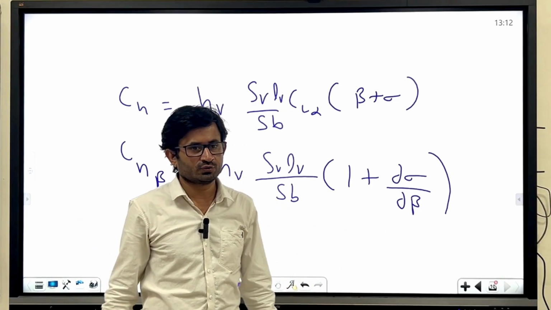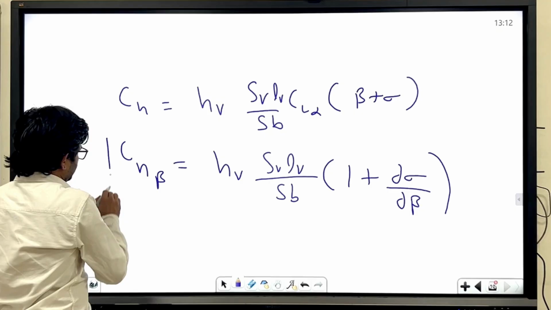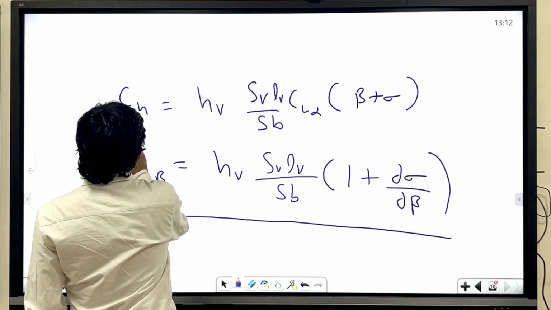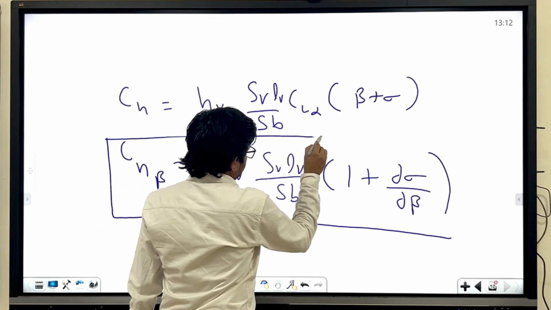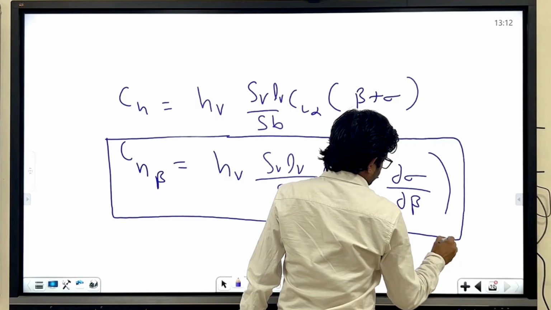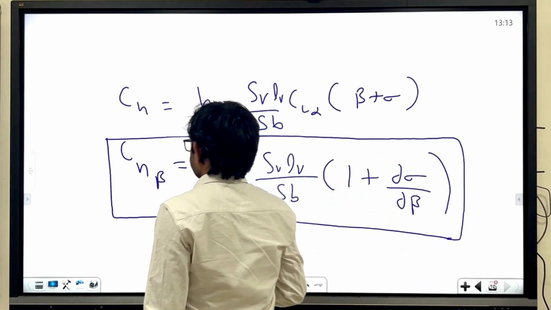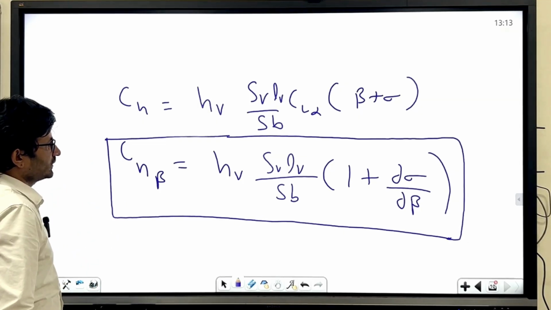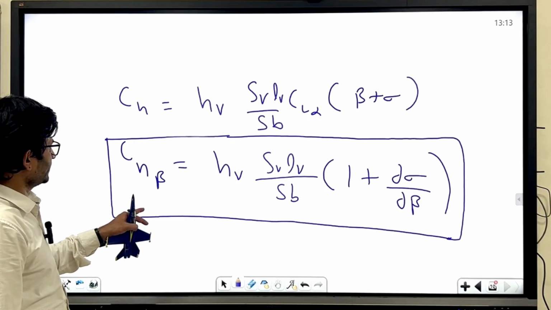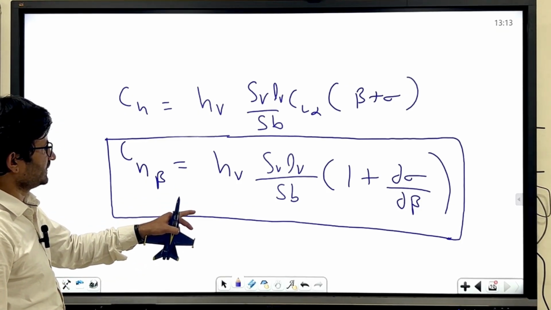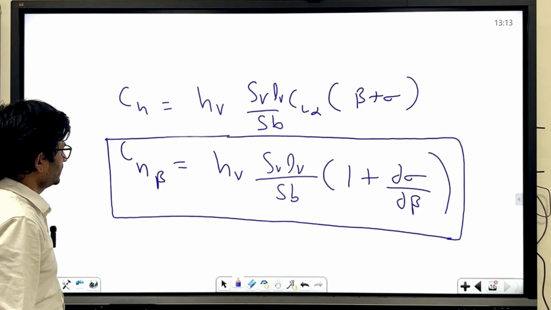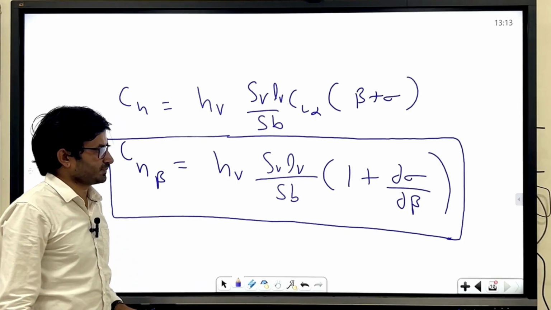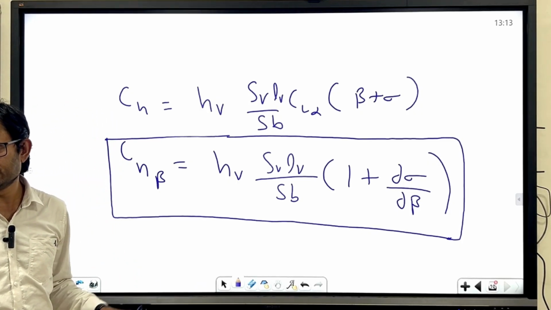I have already given you the reference in the early class, in the introduction to aircraft design lecture. So Cn beta equals eta V S_V LV by S B times (1 plus dou sigma by dou beta). All the parameters are positive, so Cn beta is positive.